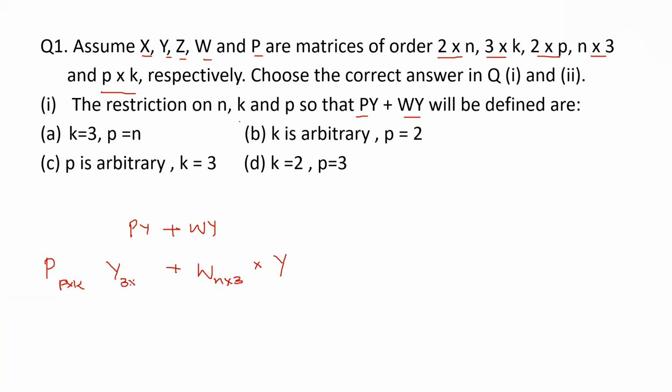Y is 3 by K. Here also we have 3 by K. So the restriction on N, K, and P so that PY plus WY will be defined are these options. Please tell me which is the correct option here.